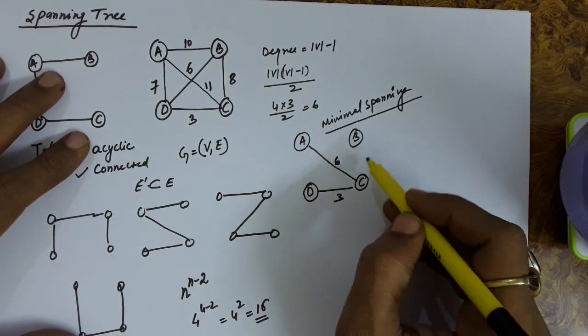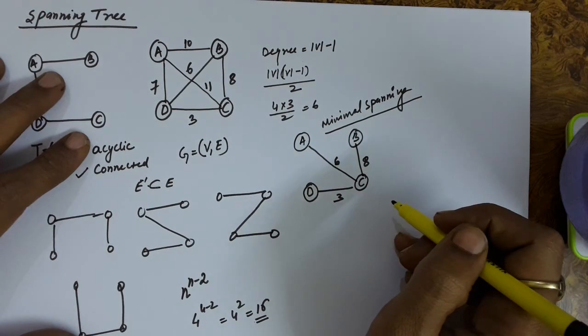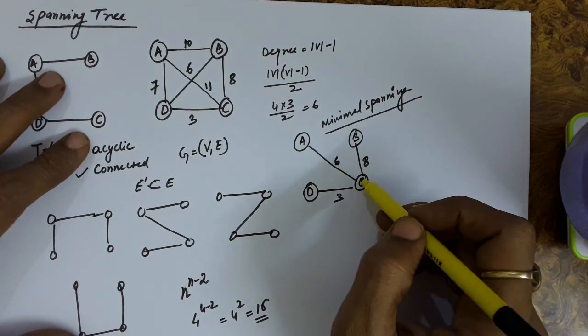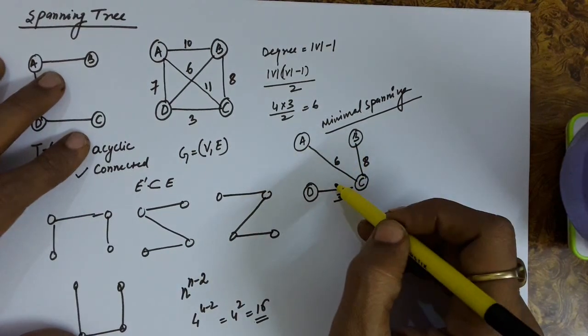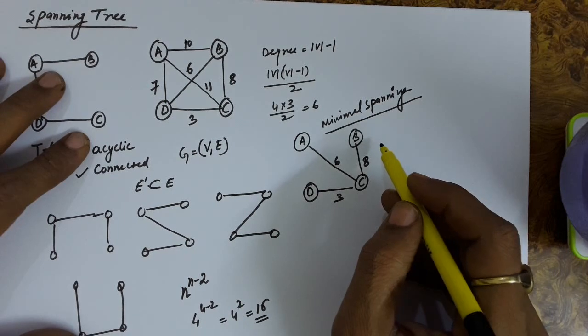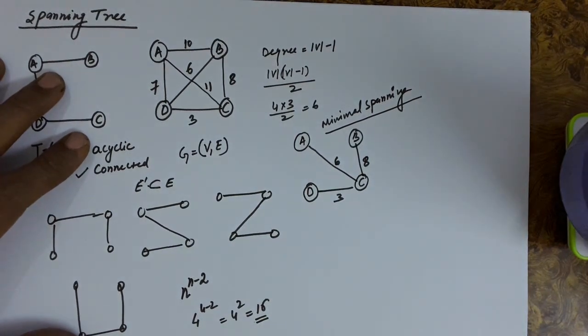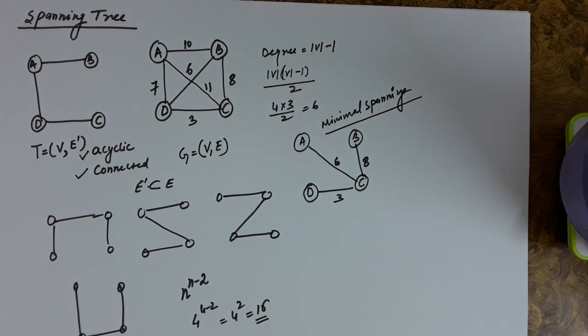So we'll discard this 7 and take the next edge, that is of cost 8. This way all the vertices are connected. So this is the minimal spanning tree. A minimal spanning tree will satisfy all the properties of the spanning tree. Alongside, it will be designed such that the sum of the cost of the edges will be minimum.